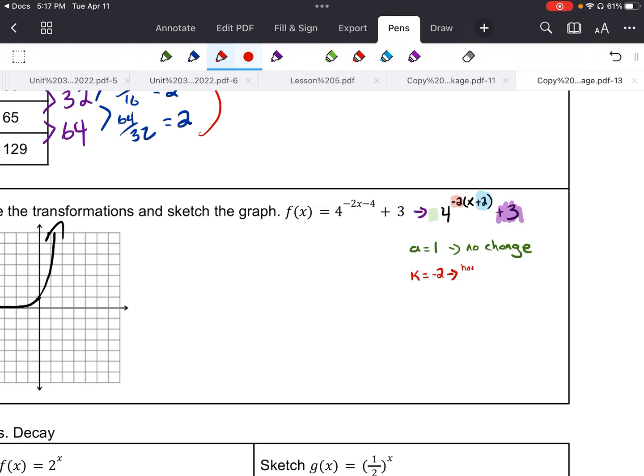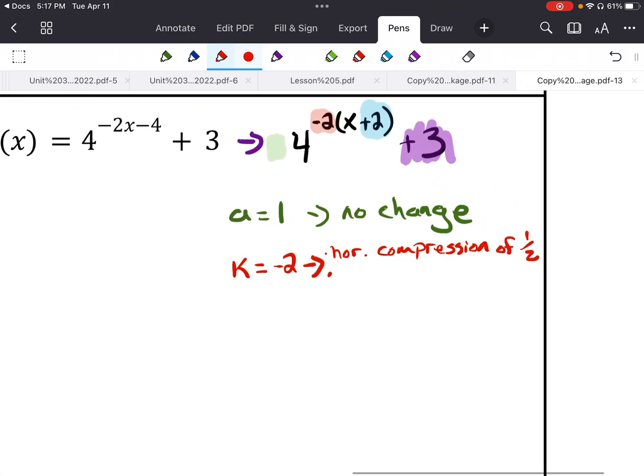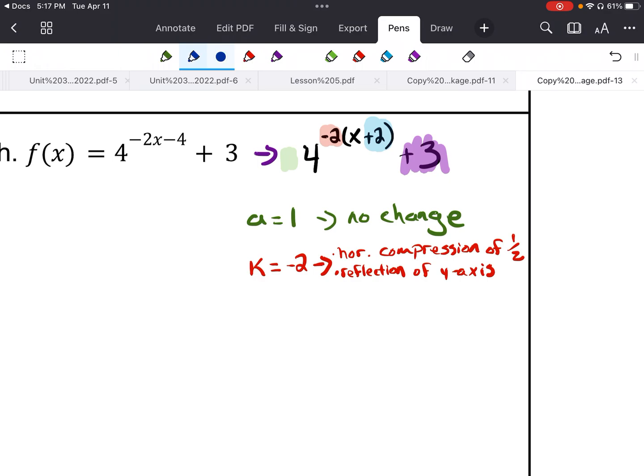That's the horizontal compression of a half. It's also a reflection in the y-axis. The d value is -2.